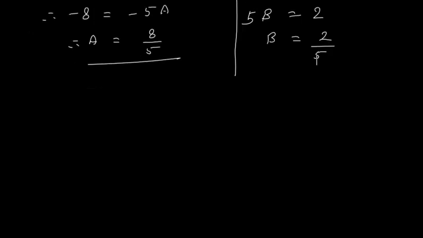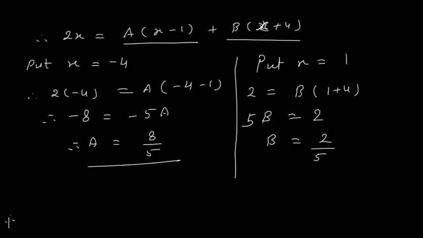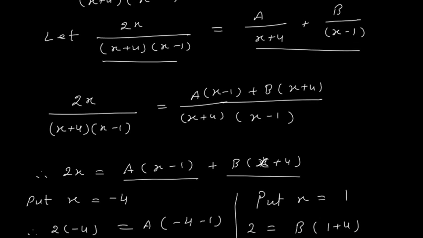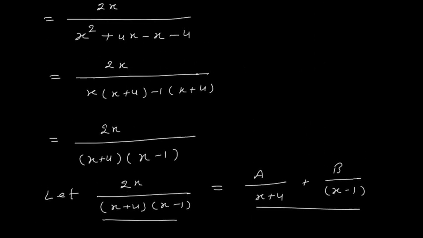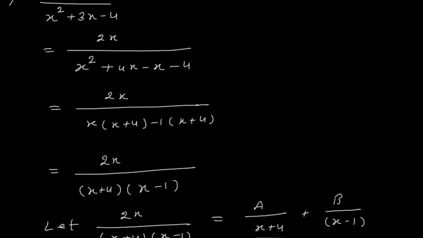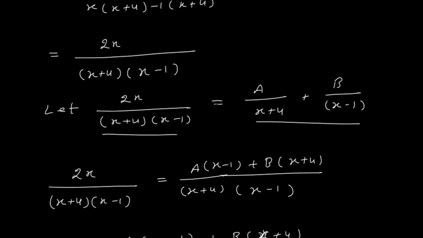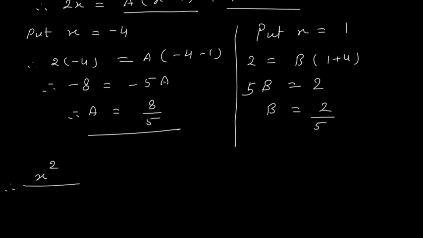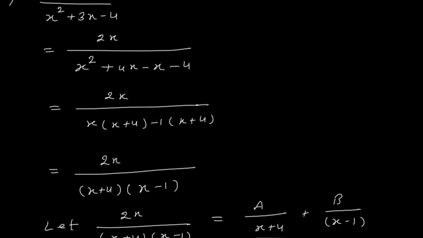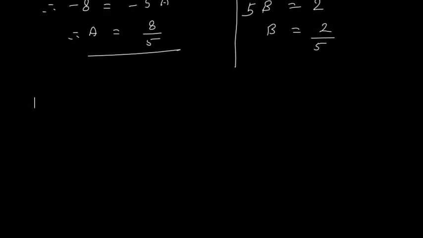And hence my expression 2x upon x plus 4 into x minus 1, which is ultimately 2x upon x square plus 3x minus 4, I will copy it and place this whole term here.